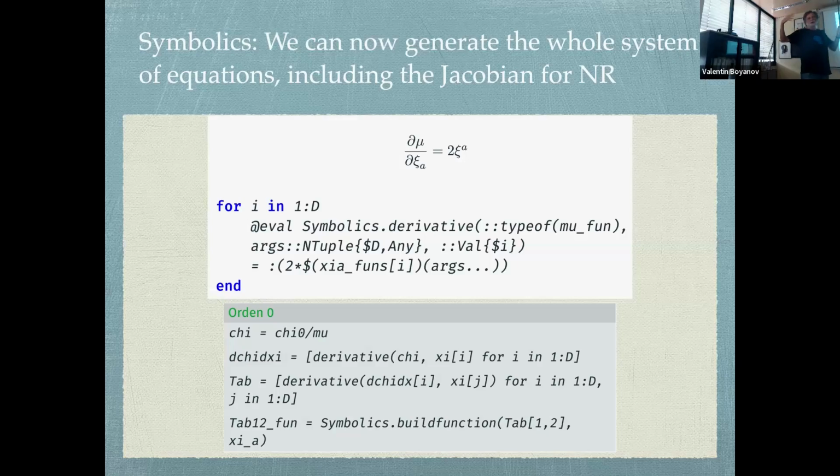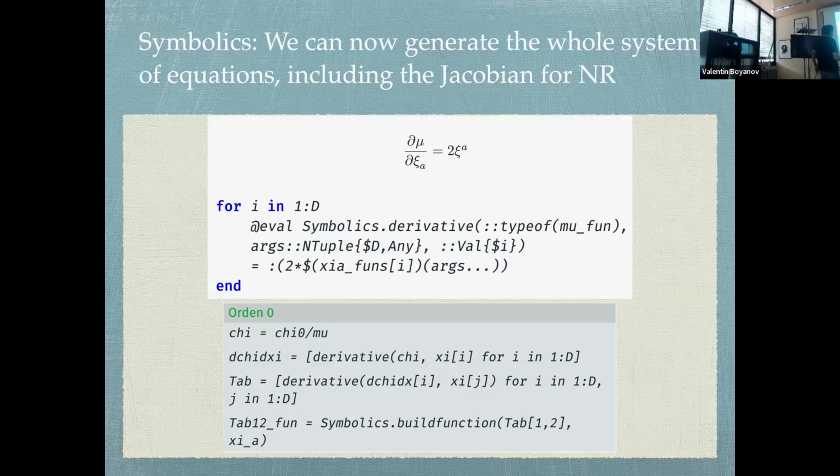Because if you have one of these huge functions, the symbolics will go and replace the mu everywhere with what you said it was, and the code then explodes. This way we say, okay, mu has this derivative, we take the derivative and we keep the mu's as something you put in the code. And then when we have to evaluate, we first evaluate the mu and then put the number everywhere in the function.